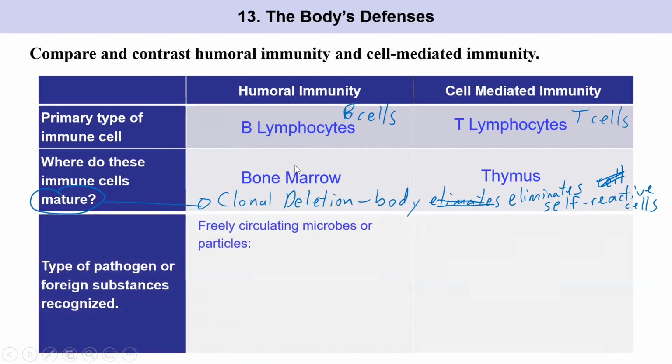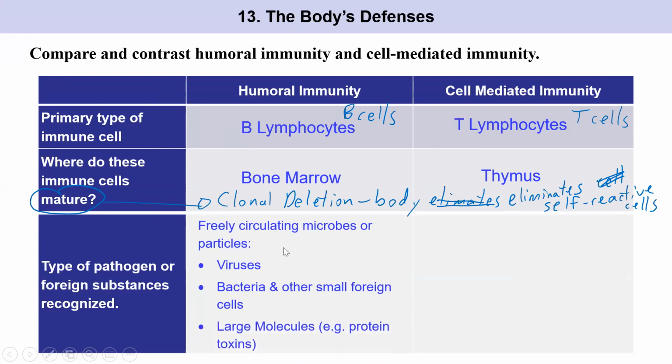So the B cells are secreting antibodies. And these antibodies are binding to things I'm going to call free circulating microbes or particles, because they don't necessarily react to just microbes or pathogens. So what does this include? Viruses, bacteria, small foreign cells, so we can think of things like yeast and whatnot, and quite a few different types of molecules.